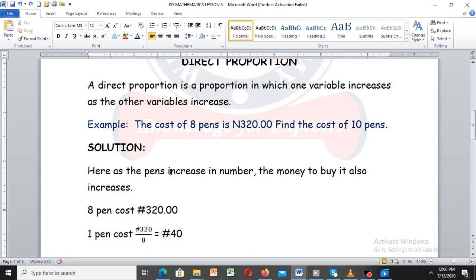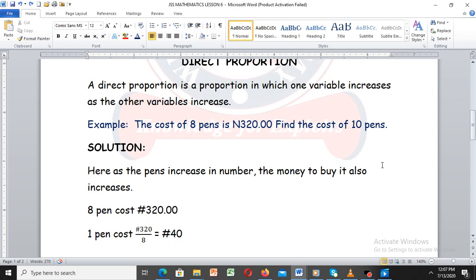Here, as the pens increase in number, the money to buy them also increases. It is direct. That means the two variables are moving in the same direction. They are changing in the same ratio. That is what we call direct proportion.